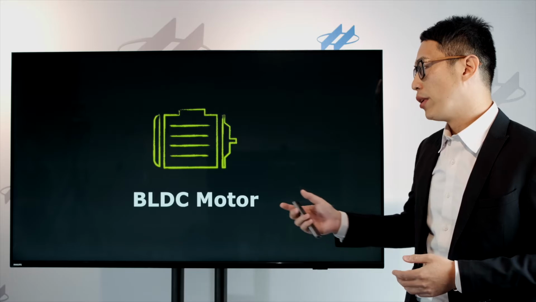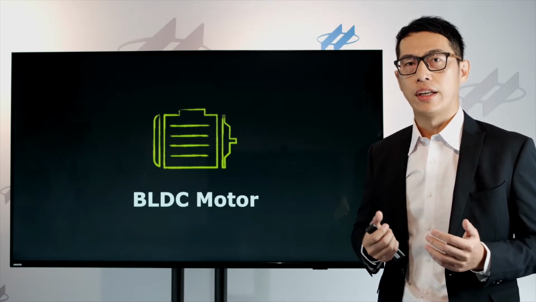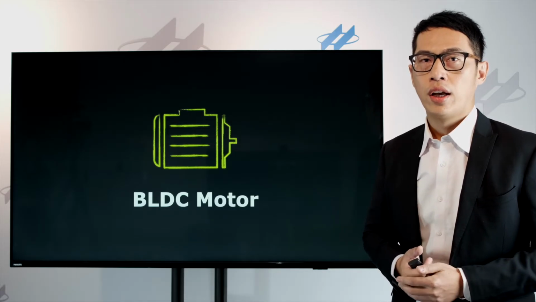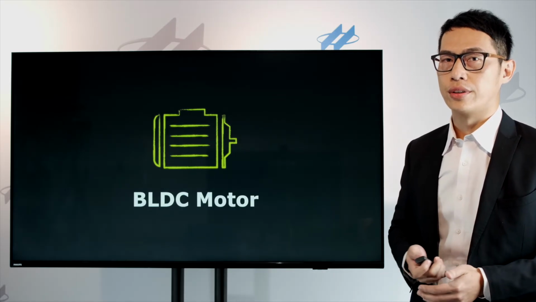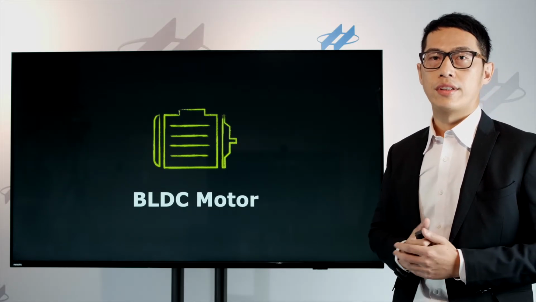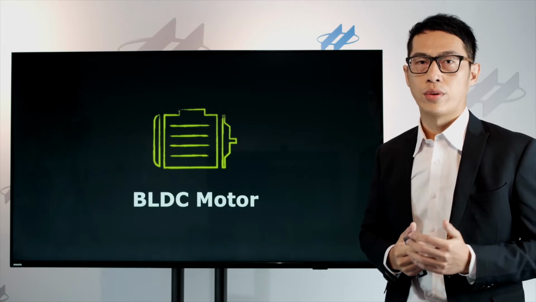And now BLDC motor is becoming popular because electronic technology is improved and the cost is reduced. And the market of BLDC is around $16 billion in 2019 and is expected to witness a CAGR of 6.6% from 2020 to 2027.